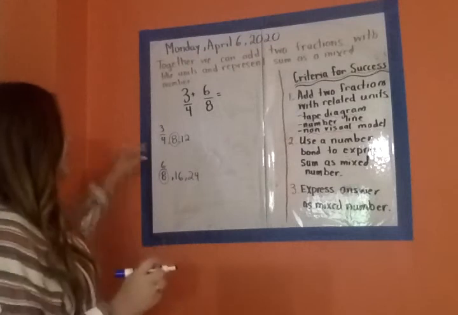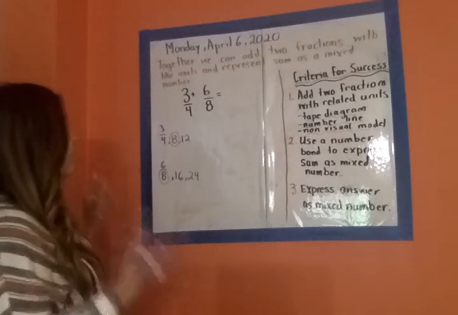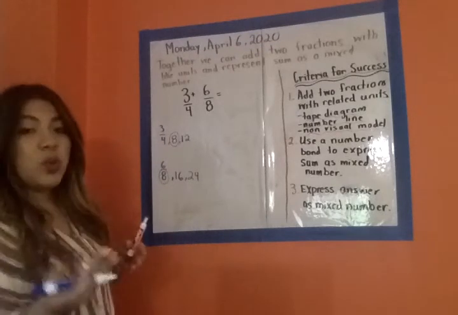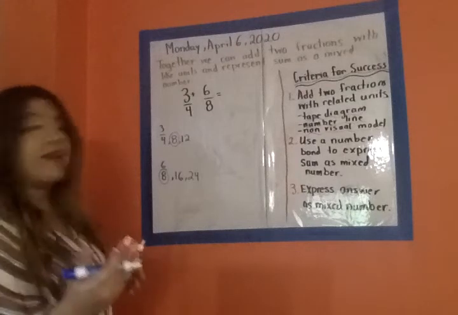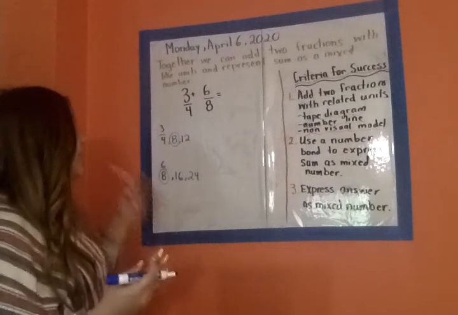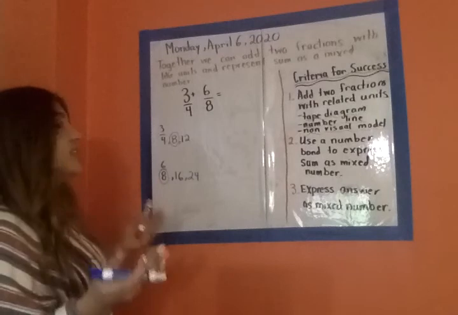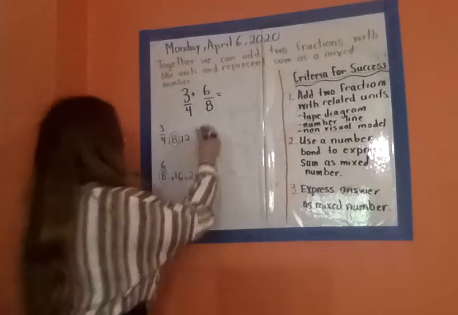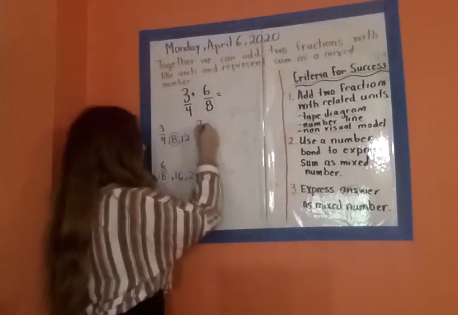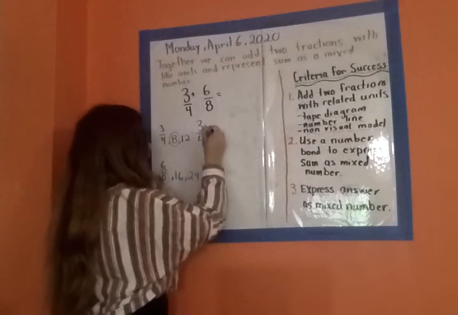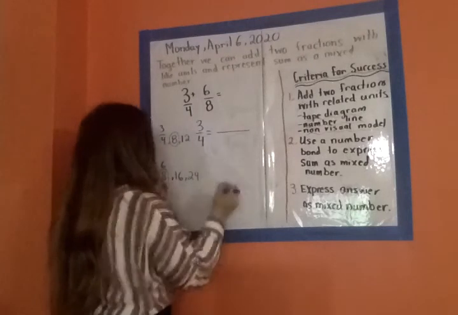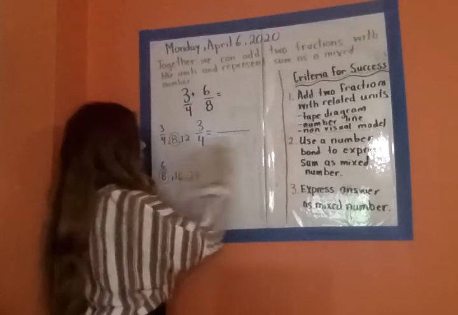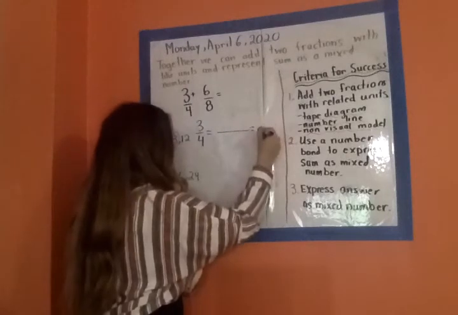So now it's a matter of converting 3/4 so that it is equivalent. We want to find an equivalent fraction where 3/4 is equivalent to a fraction that has a denominator of 8. The way I like to set this up is to rewrite the 3/4 and show its equivalence, making sure my denominator is 8.